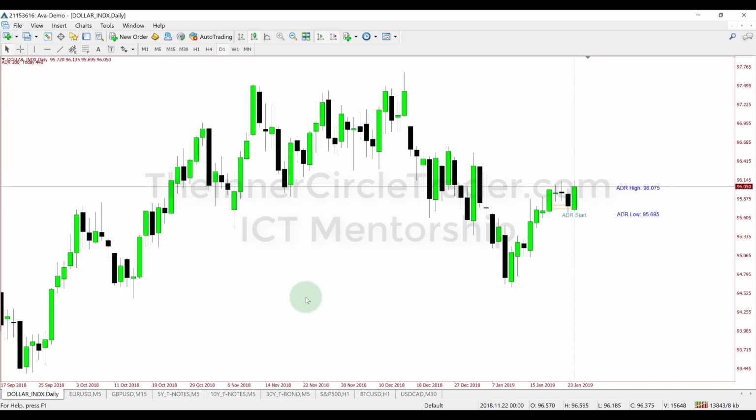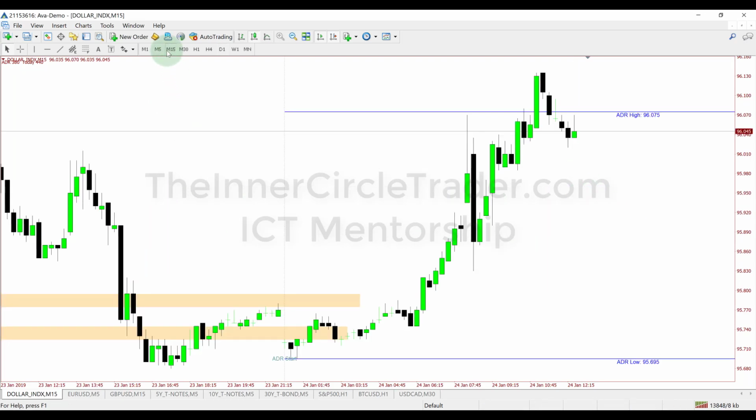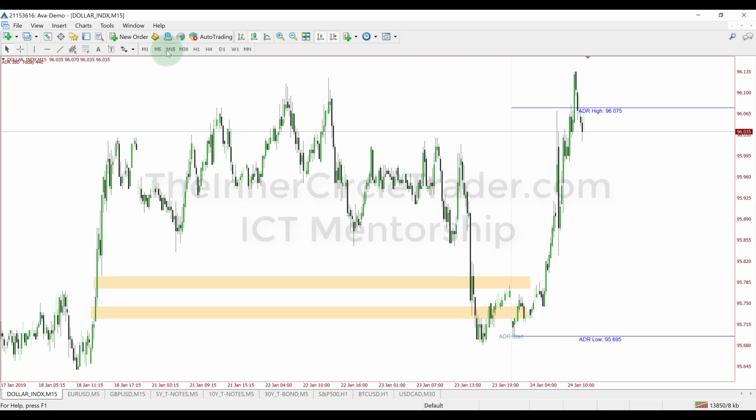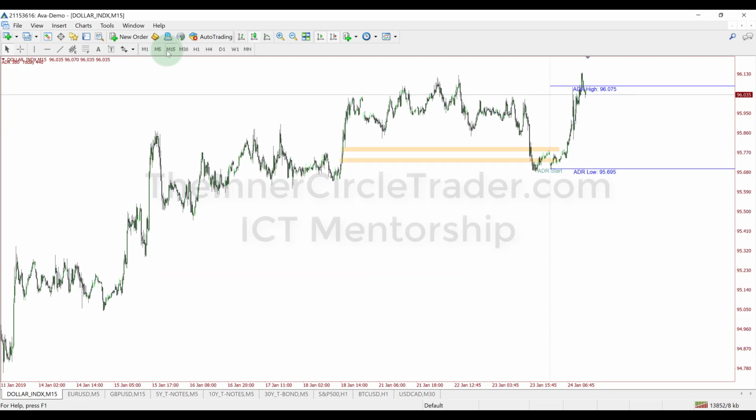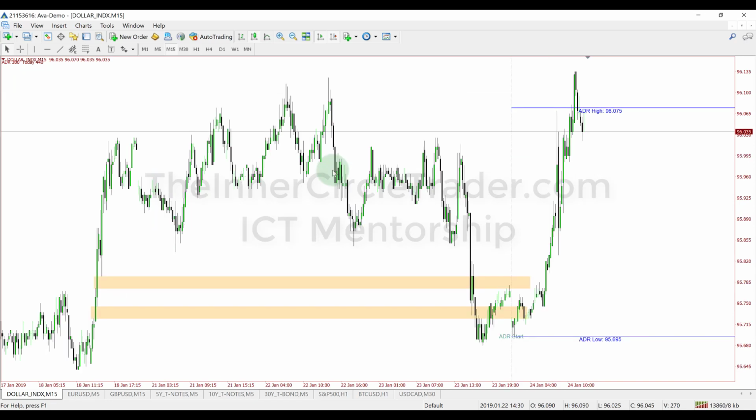Speaking of which, the dollar, we had a nice little run up. If we go into a 15-minute time frame, drop back out, everything that we talked about yesterday with our fair value gaps and the liquidity resting in here, coupled with the ADR, traded to here and rallied through.